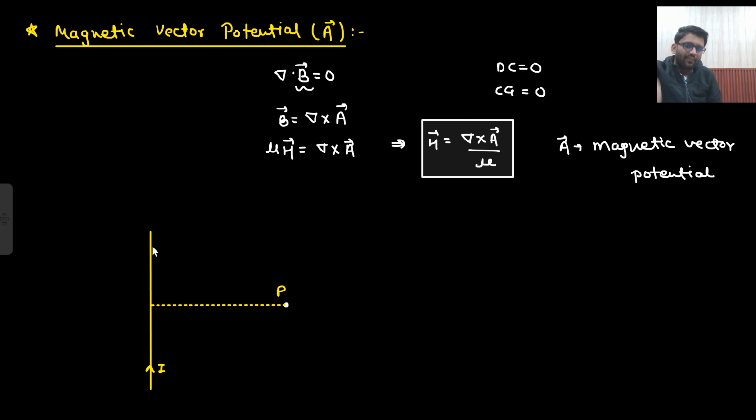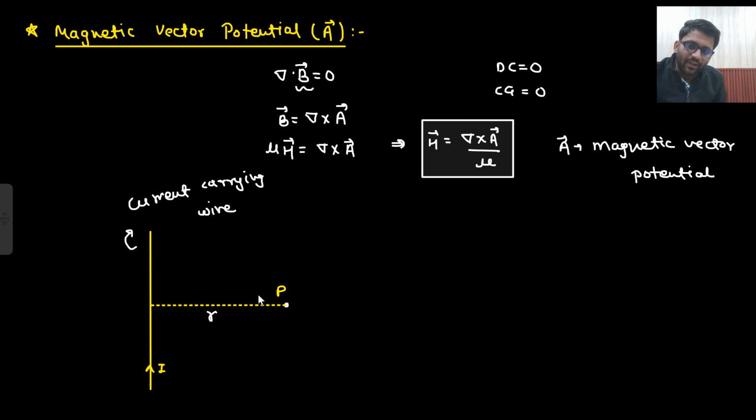So for a current carrying wire at a distance r, at point P, you need to write down the magnetic vector potential. How will you write that down?